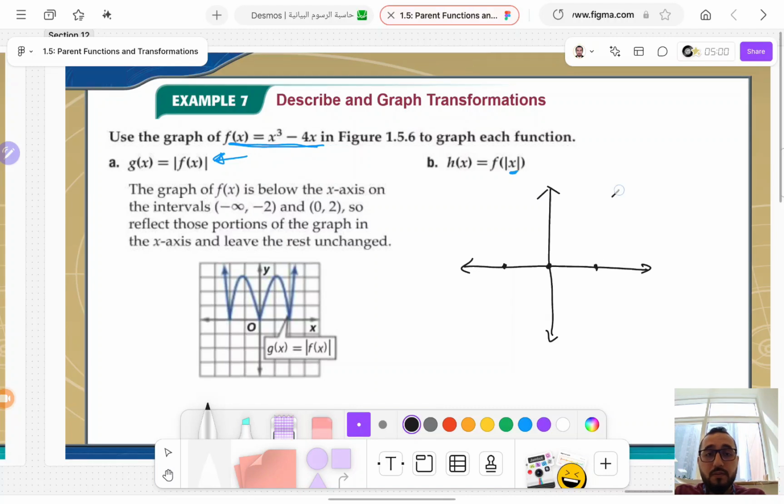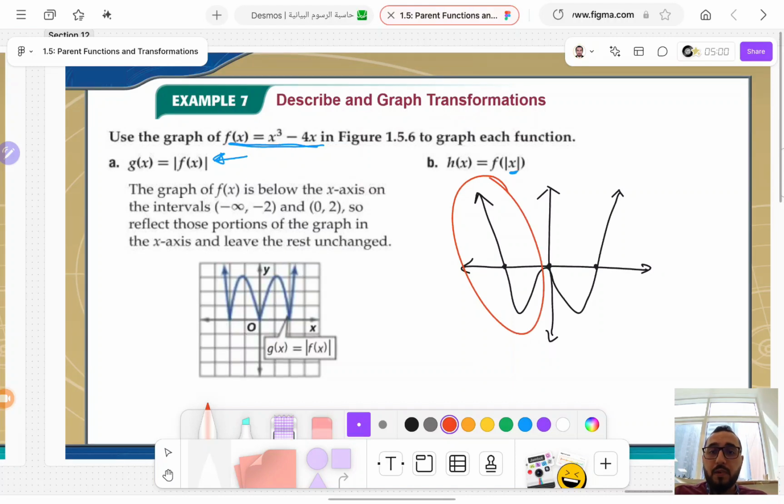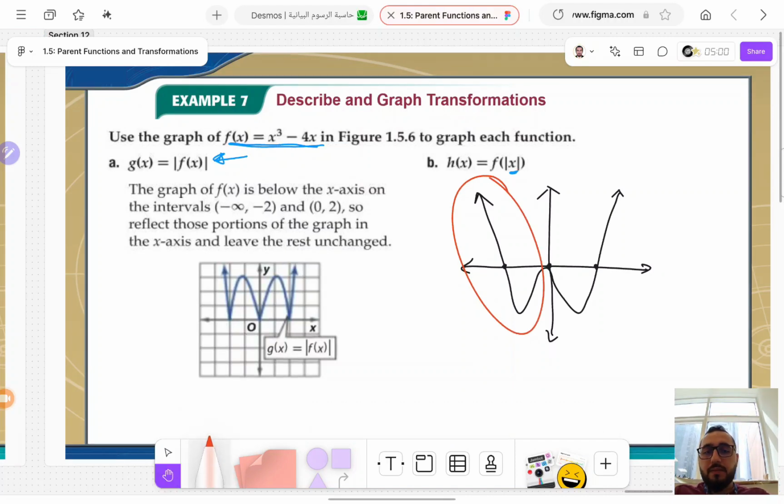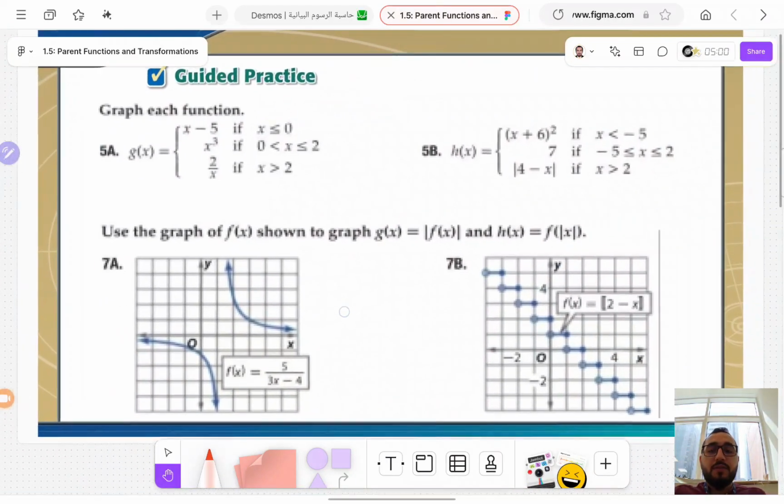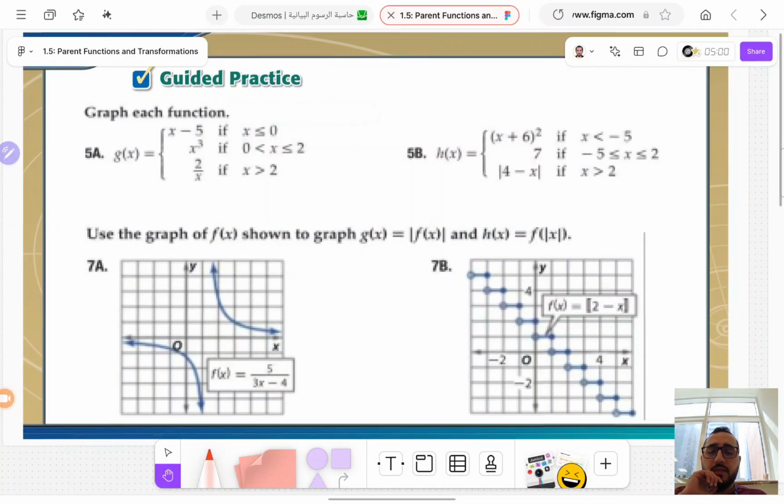So the function will be like this one here. Now anything on the right side will go up. Okay, that's it.